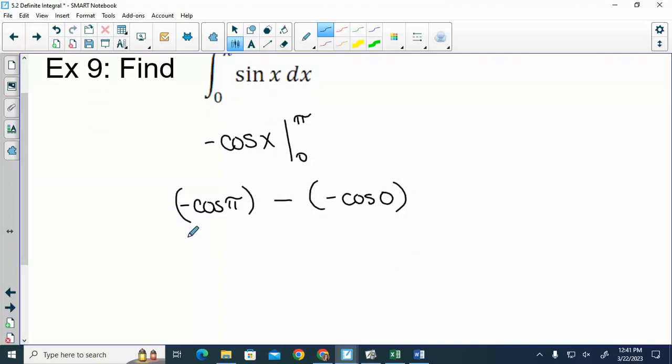So what is the cosine of pi? It's -1, so the opposite of -1 is 1, minus, what is the cosine of 0? 1. So minus negative, so plus 1, and we get 2.